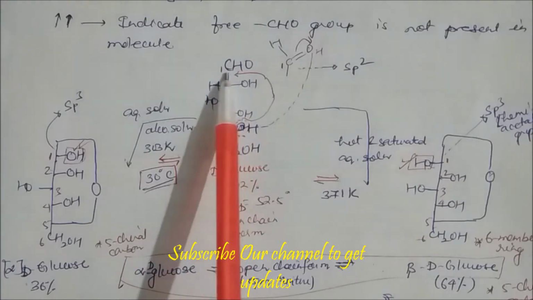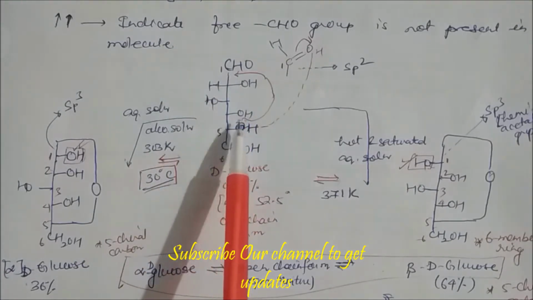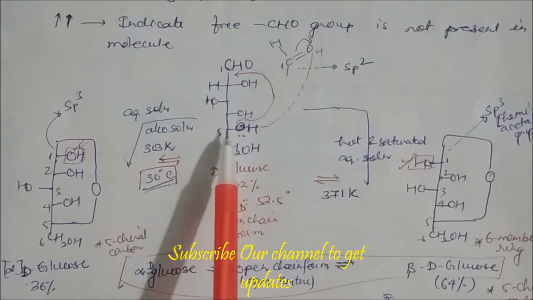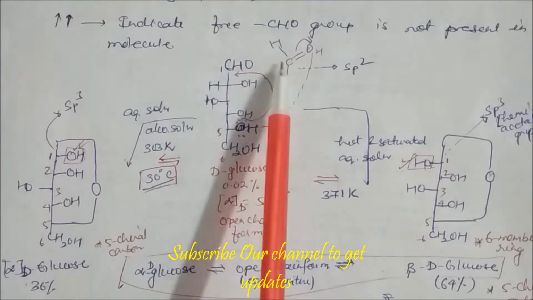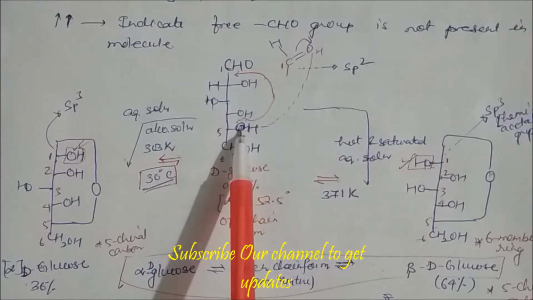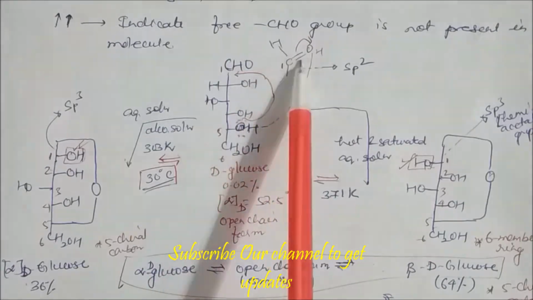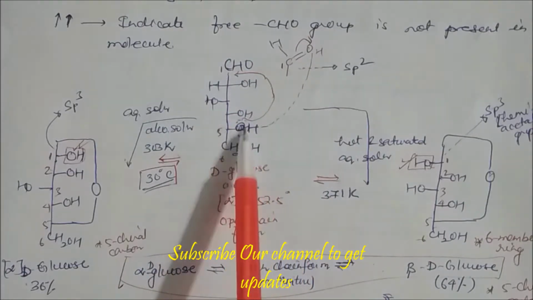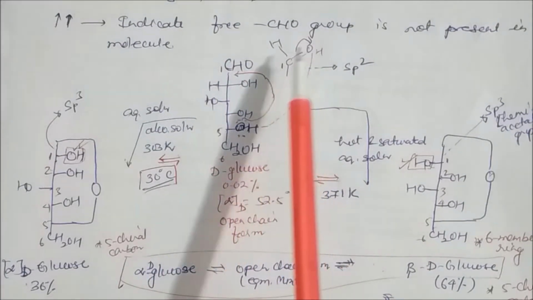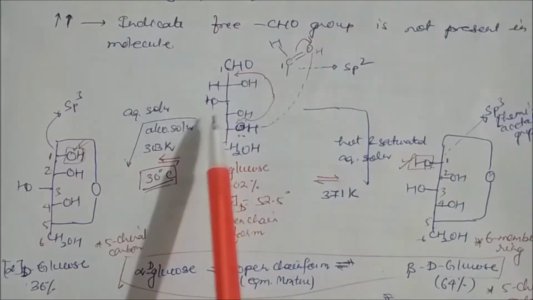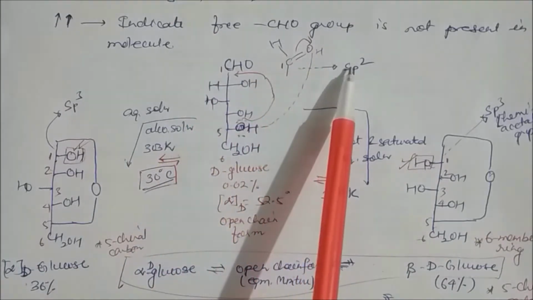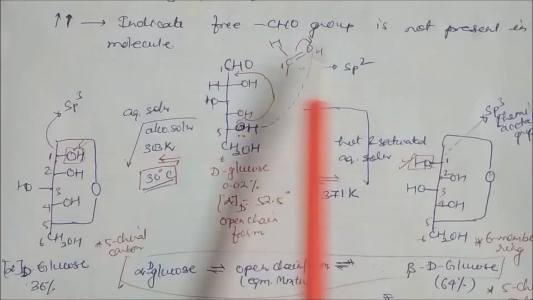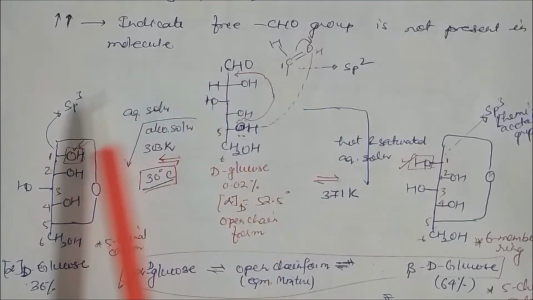A scientist called Emil Fischer, after studying so many properties, confirmed the cyclic structure of glucose. This is the open structure of glucose, with CHO. The lone pair on the oxygen reacts with the carbon, like this one. You can see here this is the carbon, and the lone pair is reacting with the center of the carbon here, and hydrogen from the fifth carbon goes to the oxygen of the first carbon. This carbon is sp2 hybridized, but when this bond is broken, this carbon is converted into sp3.